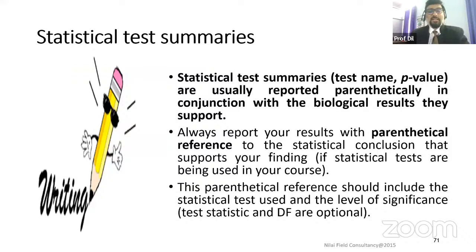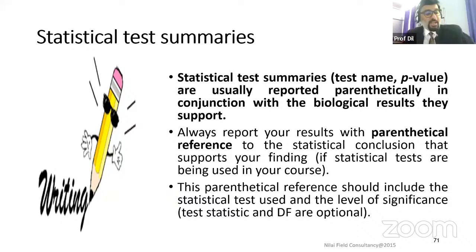Statistical summaries are another aspect; they should be given parenthetically in conjunction with the results, whether biological, sociological, or psychological. Always report your result with parenthetical references, according to this person's report, giving that credit, and then report it. These parenthetical references should include the statistical test also.